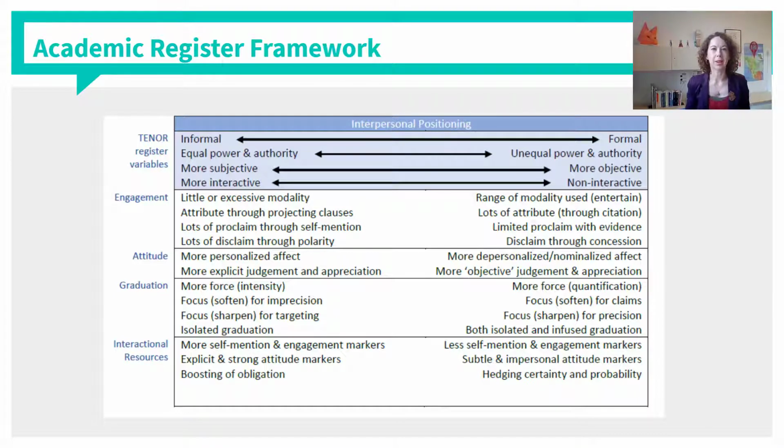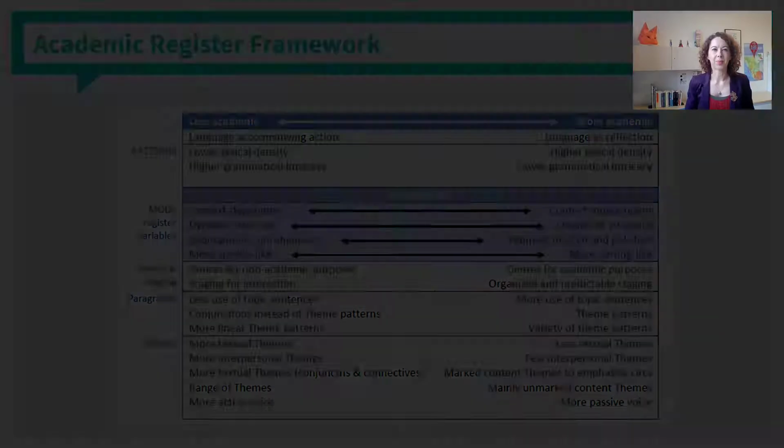So being able to put them all together and align them to show different usage was really helpful and important. And being able to negotiate how a text could be formal but still more subjective or interactive and so on, and understand those different variables having different impacts on language was really useful.